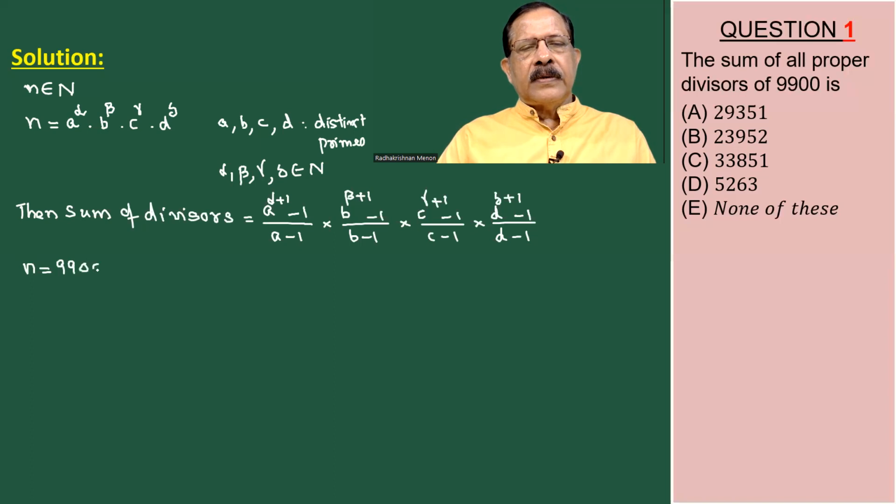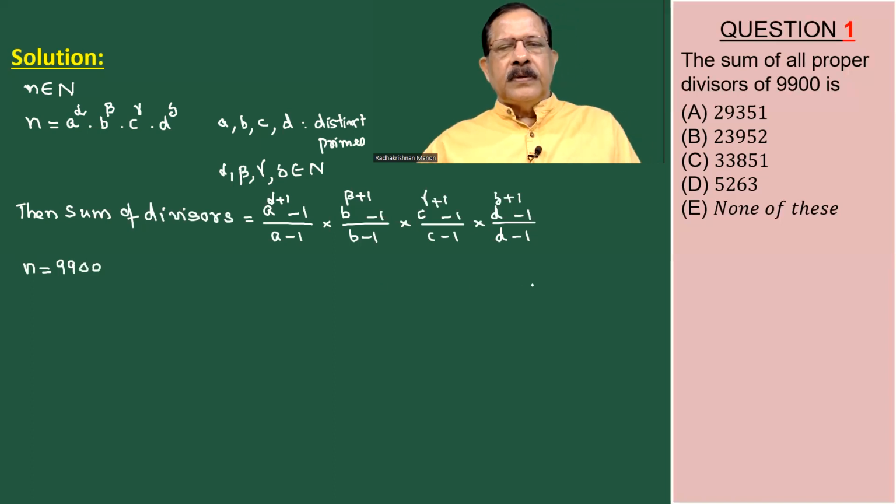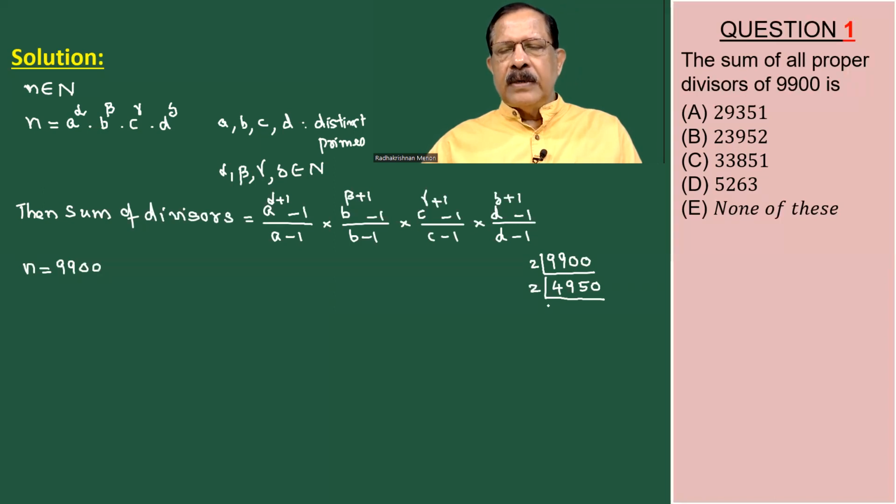So n is equal to 9,900. You use the prime factorization method. First you divide 9,900 by 2, you will be getting 4,950. Again, you divide it by 2, you will be getting 2,475.